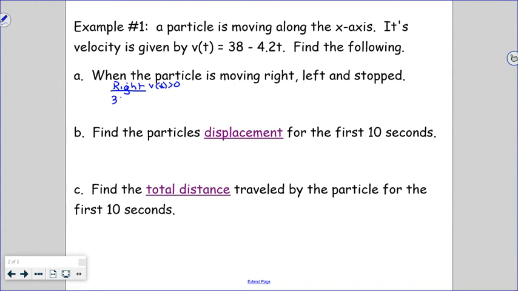So when 38 minus 4.2t is greater than 0, left would be when our velocity is then negative or less than 0. So 38 minus 4.2t is less than 0. And stopped. What has to be true about our velocity for our particle to be stopped? Has to equal 0, right?